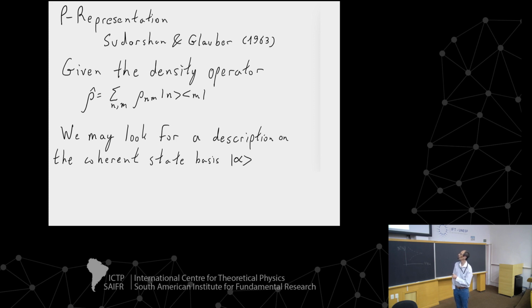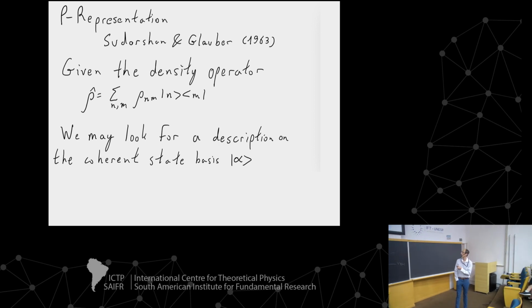So we may look for a description involving the coherent state basis. What's the advantage here? We want to come out from the discrete representation in terms of number states into the more natural one, and by natural I mean that we start from vacuum and then make a displacement, a representation using the coherent state.